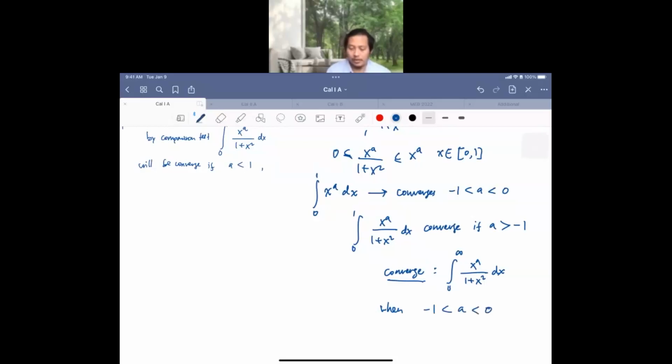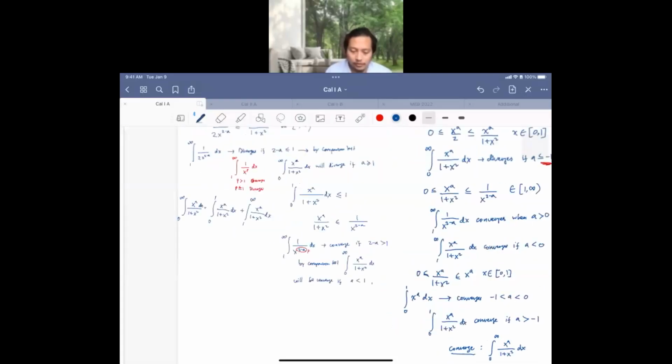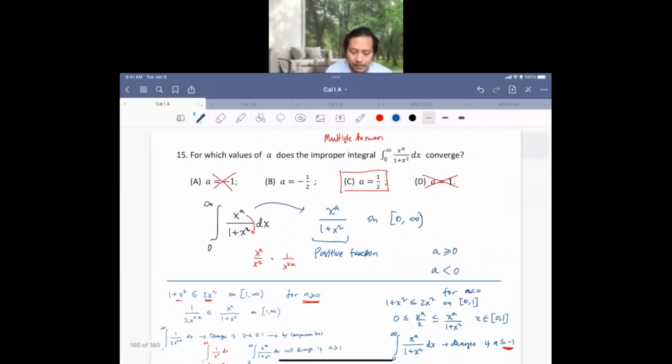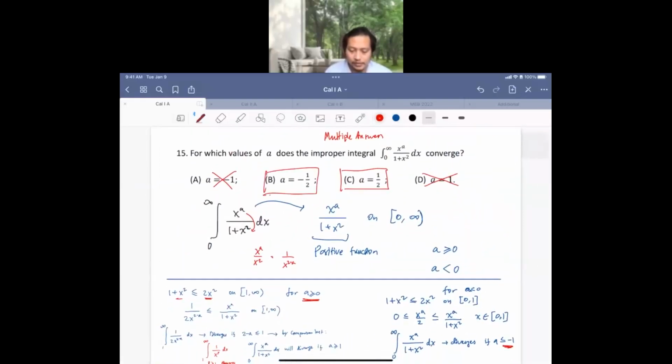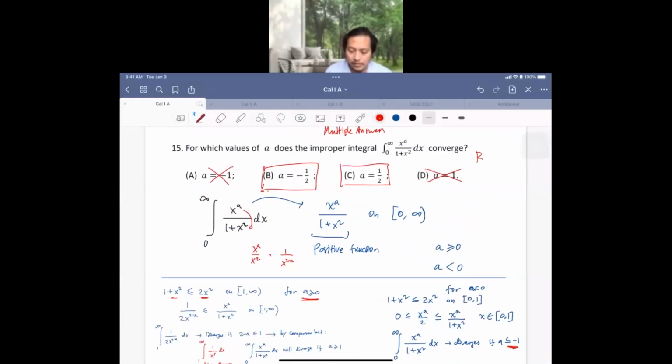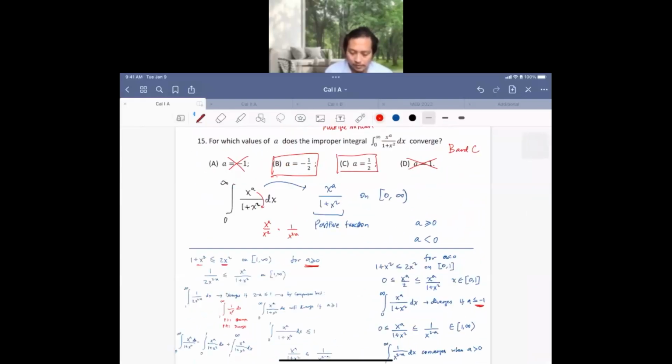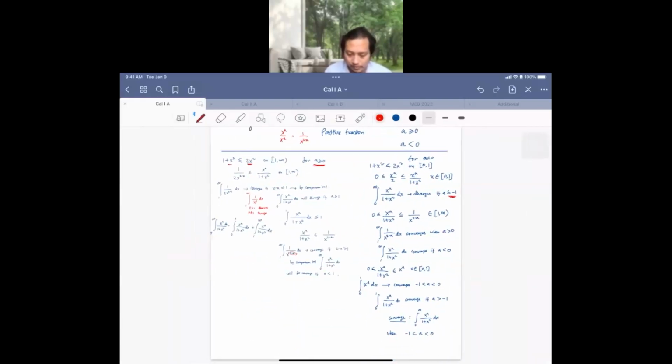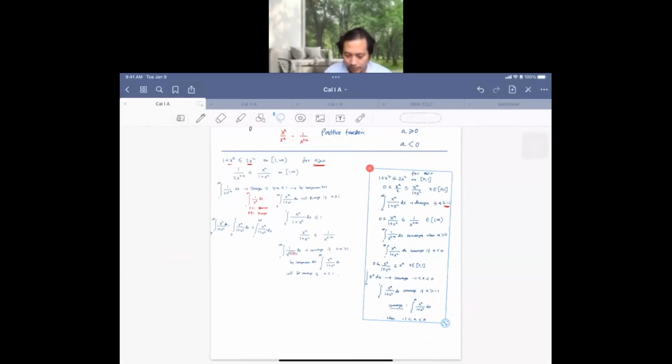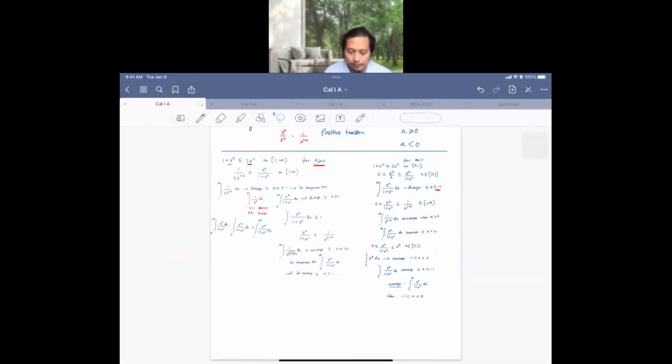So it should be in between -1 to 0. So we have a is -1/2. So B and C is the answer. Okay, let me resize a bit.